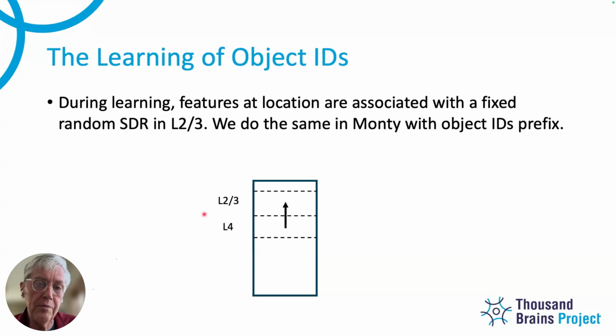In some sense, when we learn something new, we're always attending to one feature at a time. That feature could be big, like a logo, or it could be very small, like an edge, but it's always one feature at a time. And so essentially all the columns that are getting input are all inferring the same thing. And that thing is now going to be a child of some larger object.